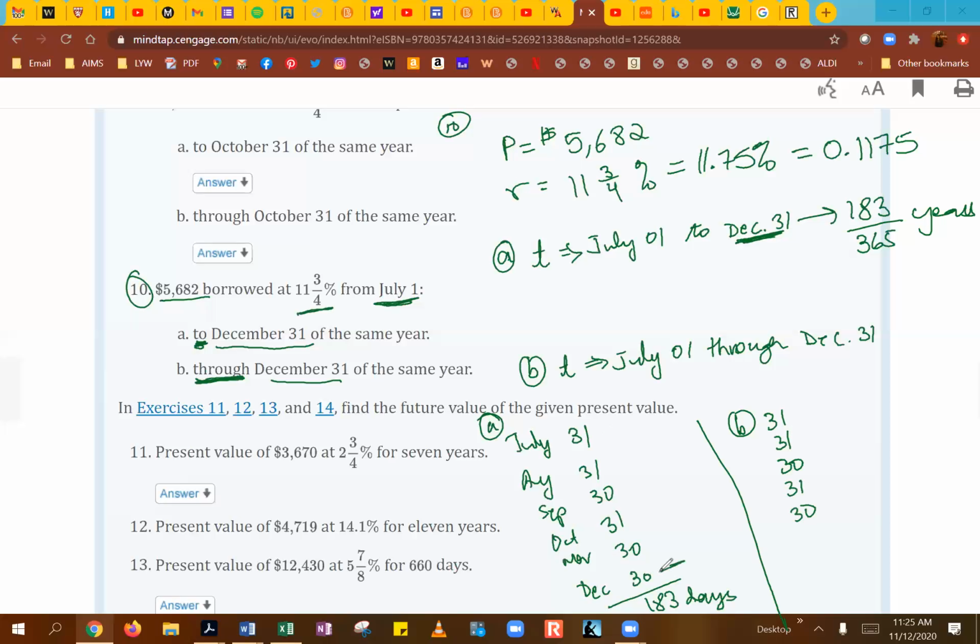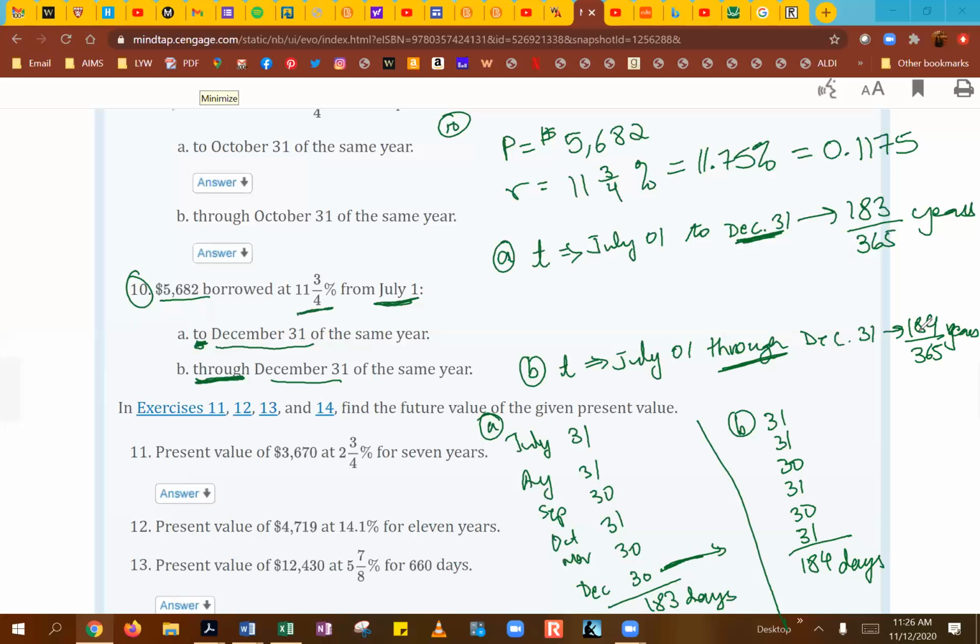But for December, since they're saying through, you would count 31 days, which means the time for part B will end up becoming 184 days. So you would be doing 184 divided by 365 for part B. That's honestly just the difference between the two calculations.